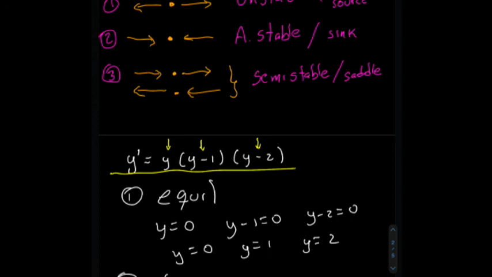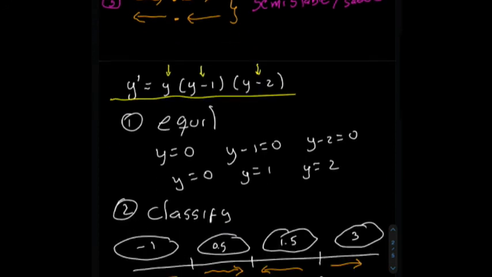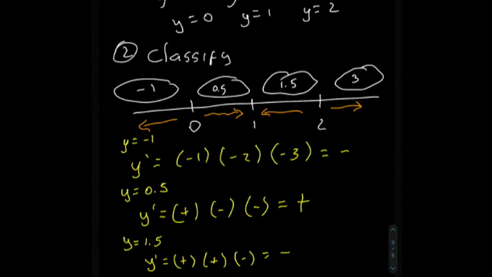And if the two arrows are pointing in the same direction, either both right or both left, we call that semi-stable. Based on that, we can see that the point 0 is unstable, the point 1 is asymptotically stable, and the point 2 is unstable.